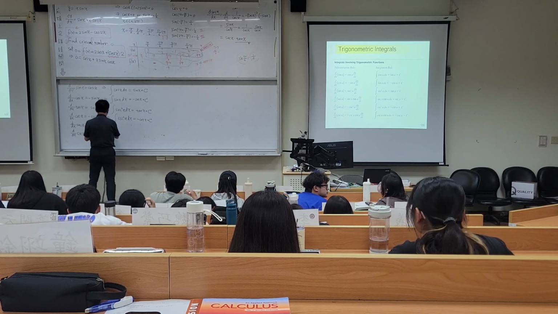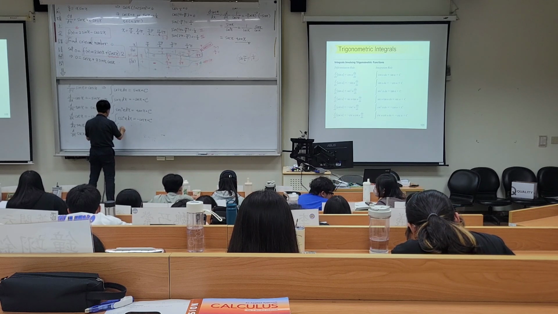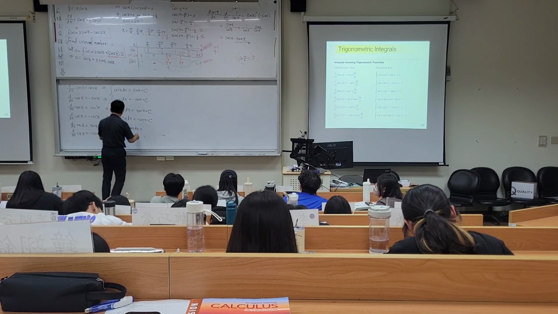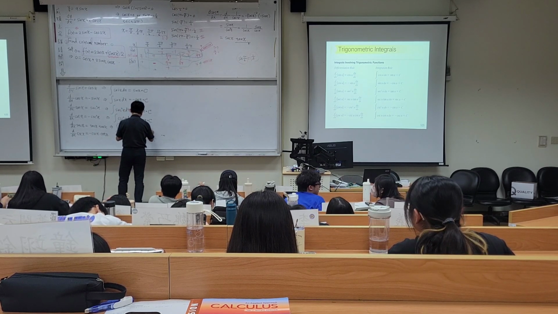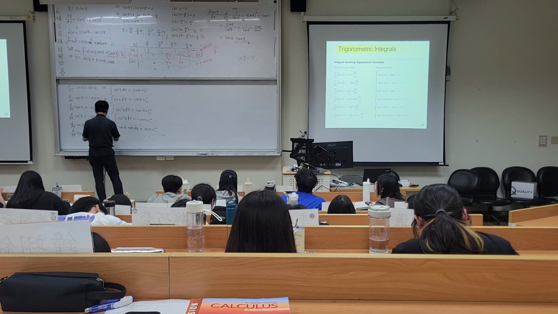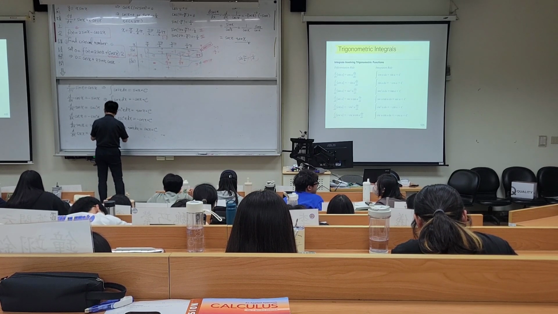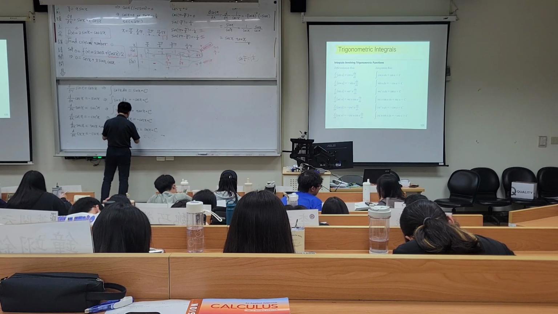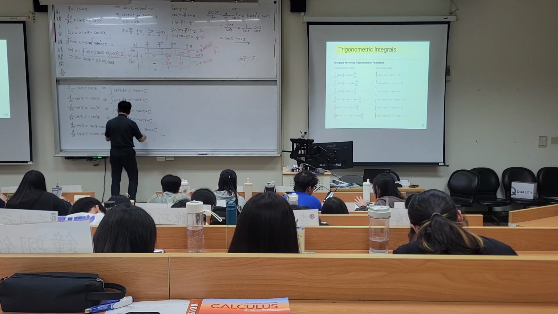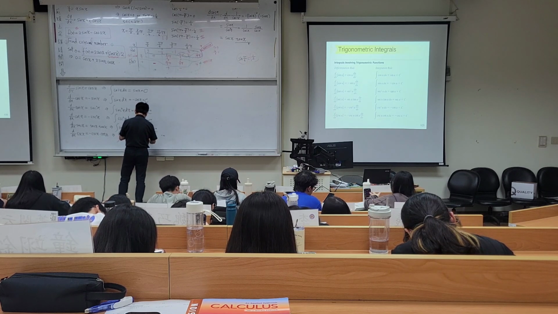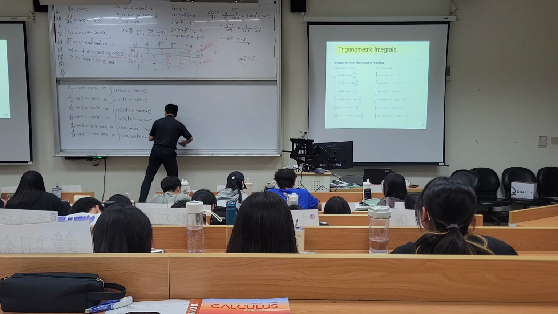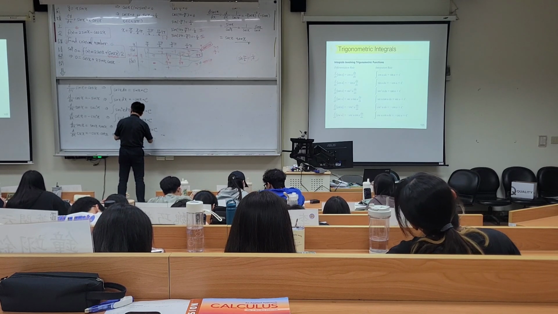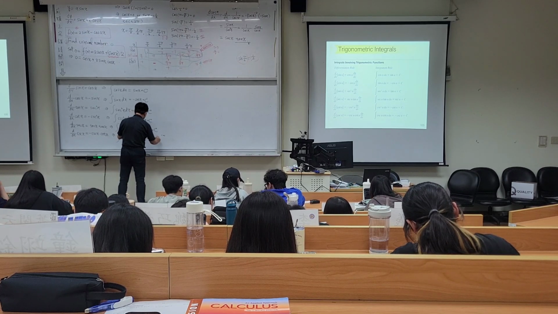You integrate secant x tangent x, you will get secant x plus constant. If you integrate cosecant x multiplied by cotangent x, you will get minus cosecant x plus a constant.